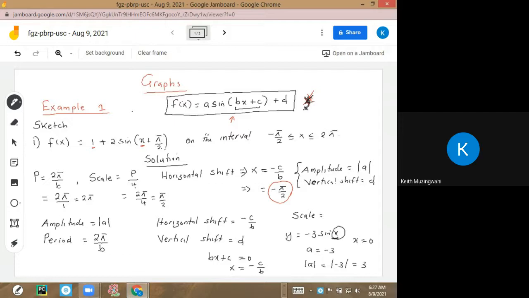Then the scale: after you obtain the period, you divide it by 4. What you have is called a scale. A scale is the number that we use to determine the spacing between numbers when you are sketching. Is that okay?